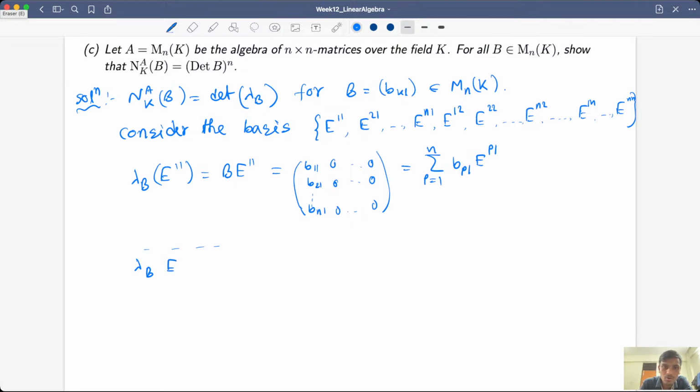Similarly, let us do it for E21. This entry is 1, so I multiply b with this, and this will survive the second column.